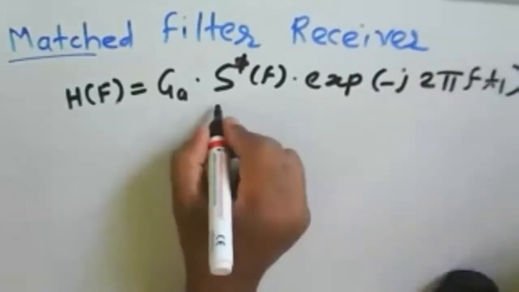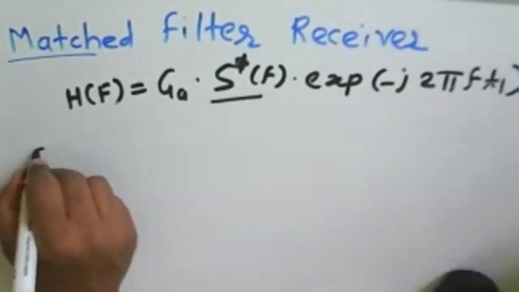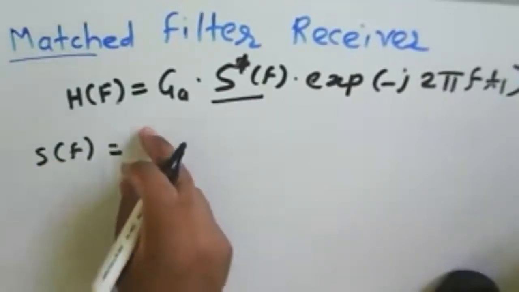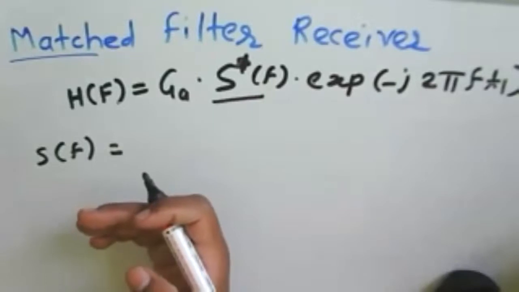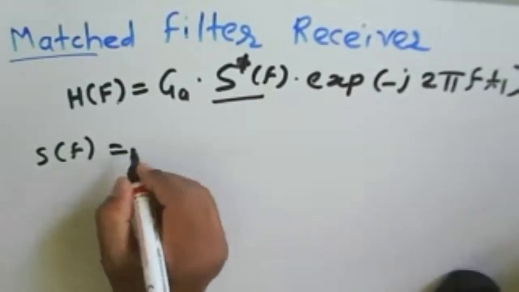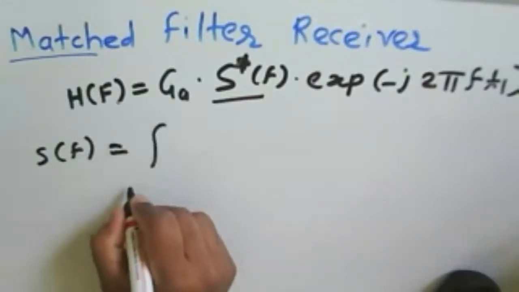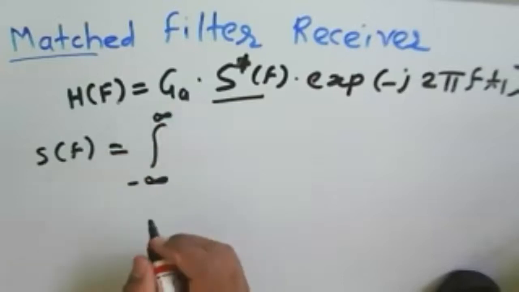Generally we say that S of f is whatever the input signal is, and that is expressed in terms of a Fourier transform.